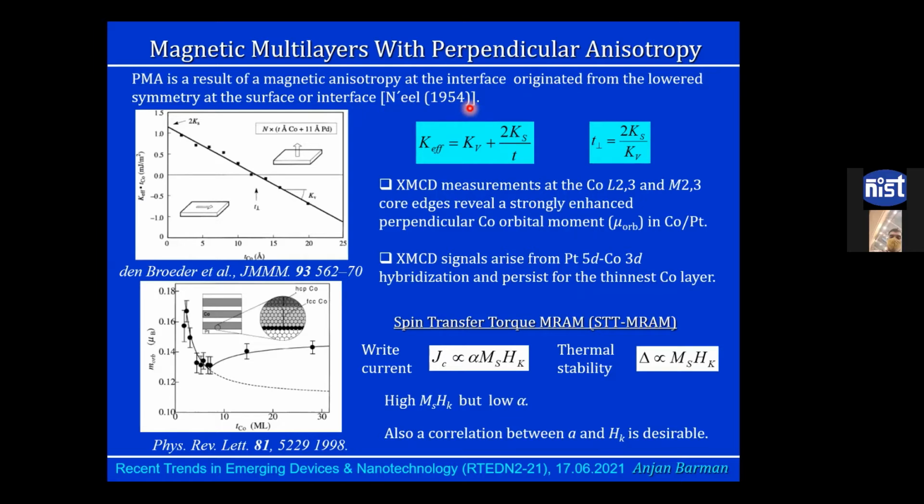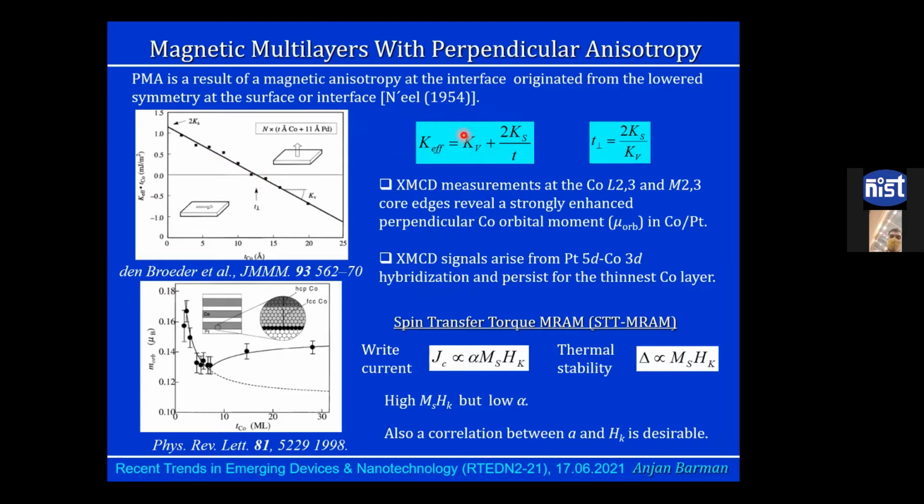One has shown that if you have a ferromagnet and non-magnet, and you start changing the thickness of the ferromagnetic layer, in this case cobalt, then at a critical thickness of the order of about 10 angstrom, if you are above that, you have in-plane anisotropy. If you go to thickness below that, you slowly go into the out-of-plane or perpendicularly magnetized direction, or perpendicular anisotropy.